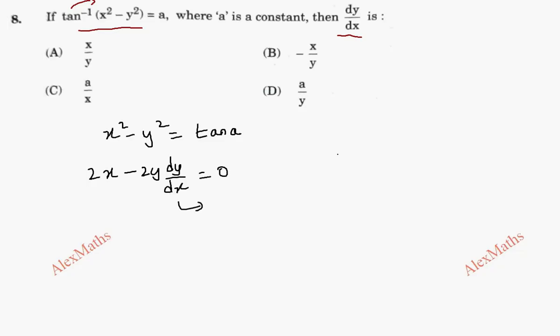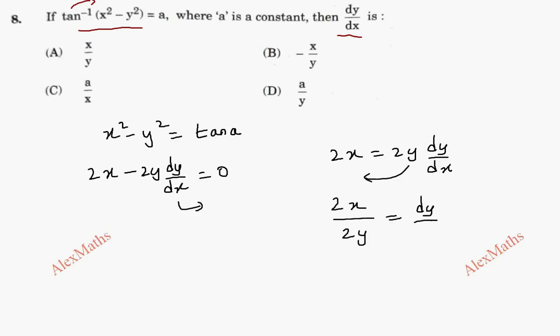We can take this to the other side. So 2x equal to 2y dy by dx, and 2y we can bring it here. So 2x by 2y is our dy by dx. After cancelling this, we get x by y, which is present in the option A.